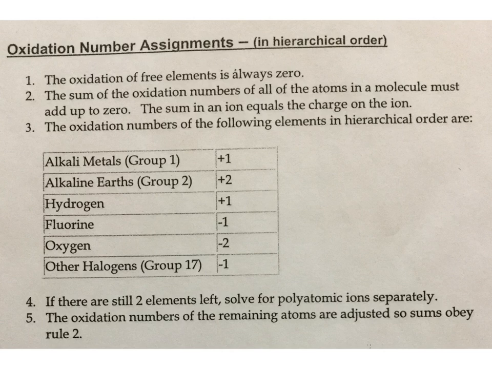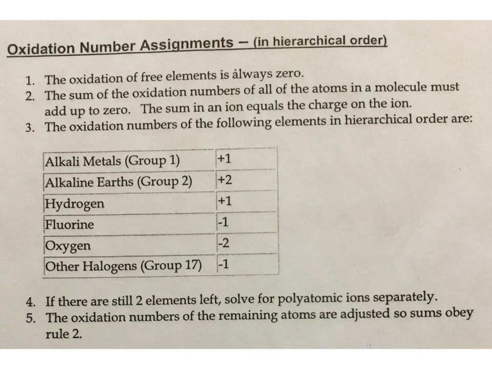And you will be using these rules in a hierarchical order, meaning that rule number one will always be more important than rule number two, and rule number two is more important than rule number three. The same thing is going to be true of these different elements, and we'll work some examples so that you can kind of see how things are supposed to work.